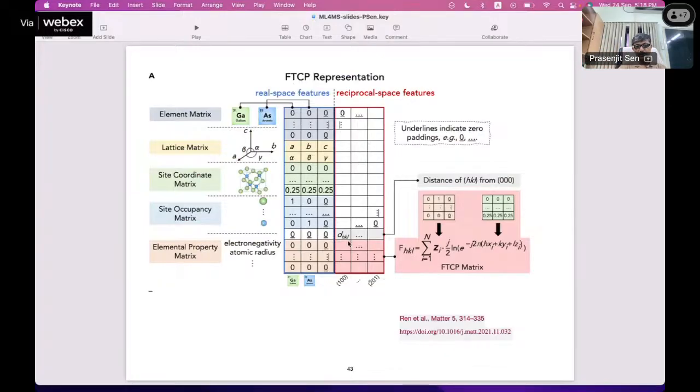So different values of G, the reciprocal space lattice vectors represented by these hkl integers. In this particular work, they had the Fourier transform of various chemical properties at 59 different G vectors.